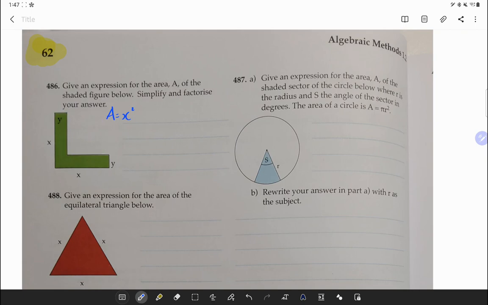So that x squared is the entire square with that dotted line there, minus whatever this is, x minus y squared, right? Because that length there must be x minus y.